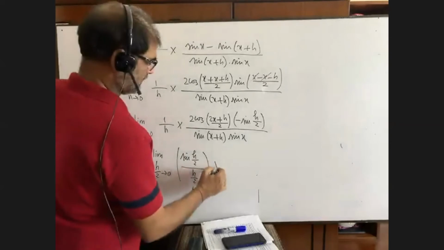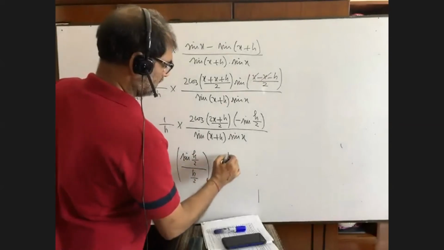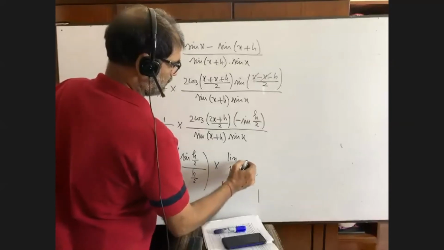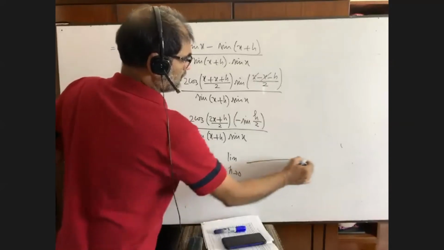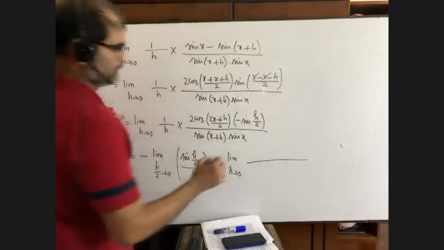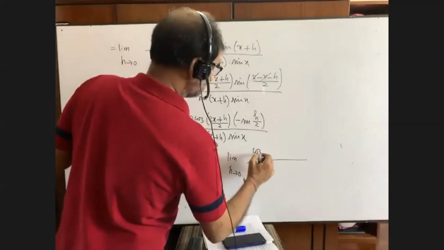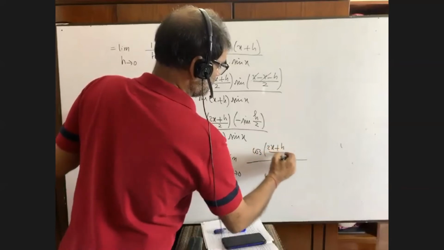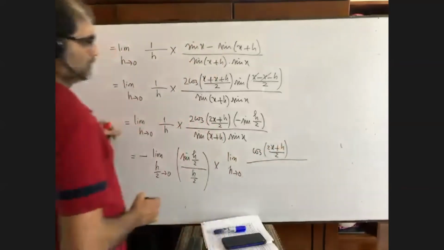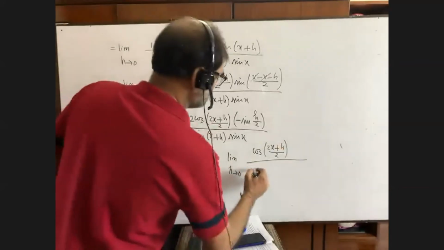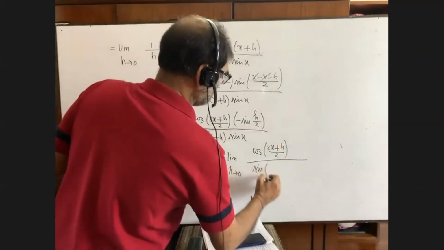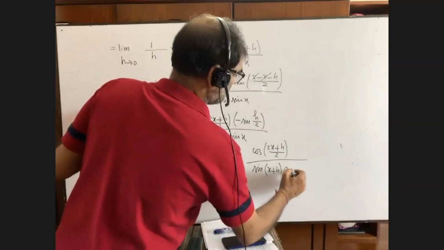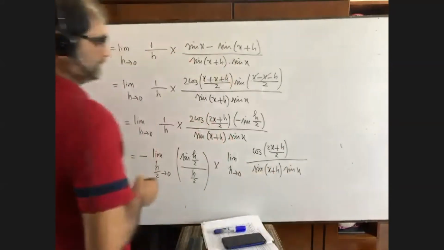And we are left with the limit as h tends to 0 of cosine((2x+h)/2) by sine(x+h) into sine x.